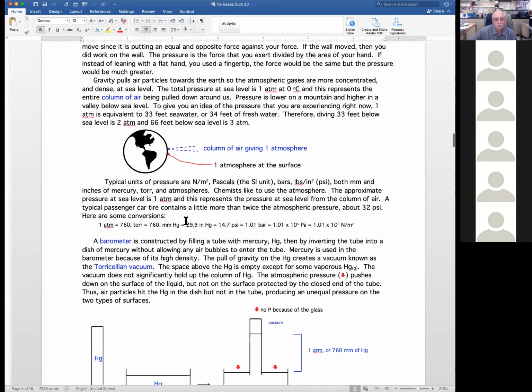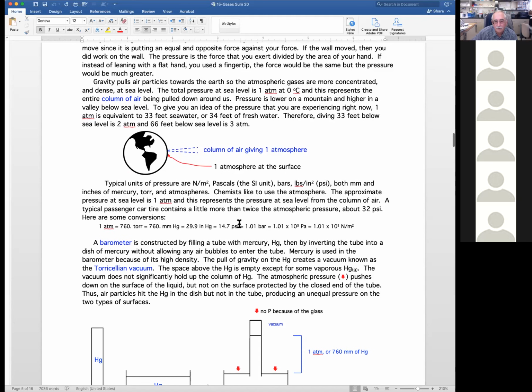Some typical units of pressure are given over here. 1 atmosphere is 760 torr, which is a millimeter of mercury. It's about 14.7 psi. Here's Newton per square meter, which is simply a Pascal. You don't need to memorize all those things.